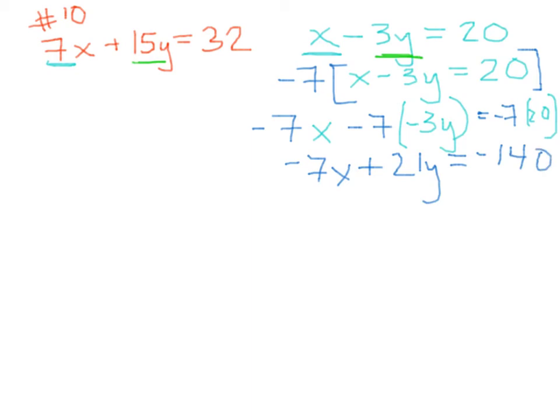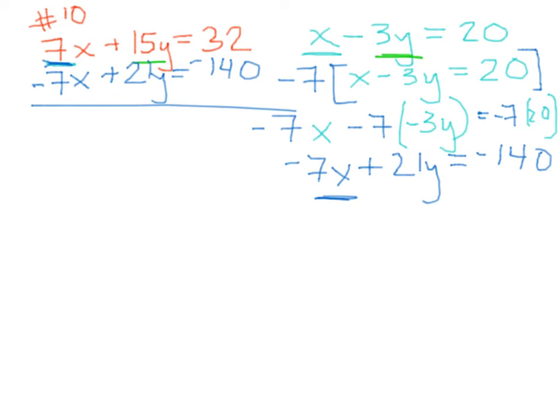Now I see I have a positive 7 on the x and a negative 7 on the x, so I'm ready to eliminate. I'm going to move this up here: negative 7x plus 21y is equal to negative 140. And I add those equations together.